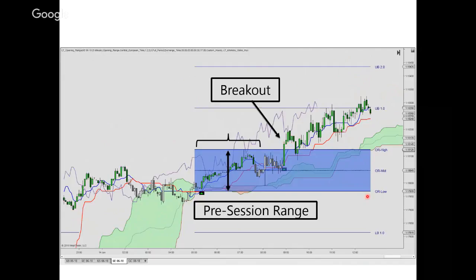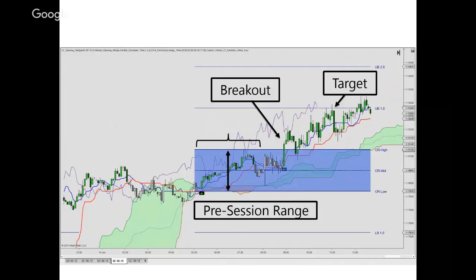The stop loss would then be set just below the range low level, and the first target that we would go for is the range extension. So this is 1 multiple, 2 multiple range extensions of the range that we're seeing here. So pretty easy strategy concept here.